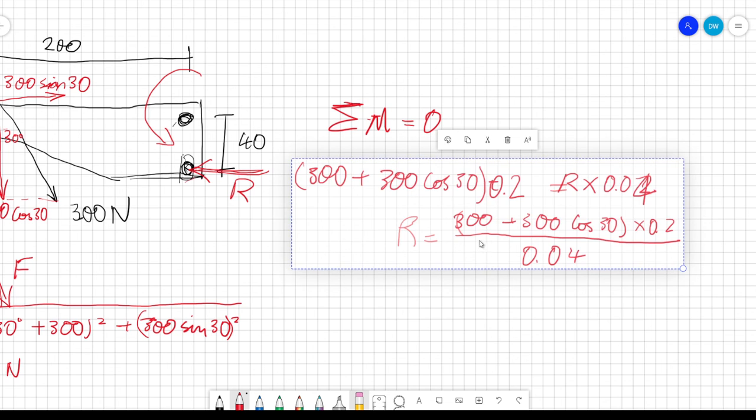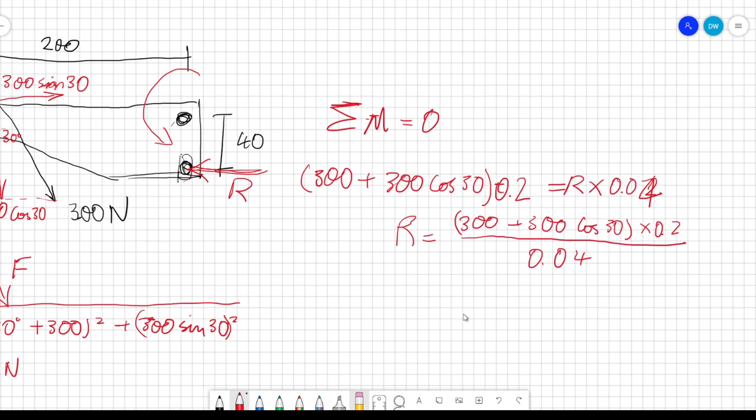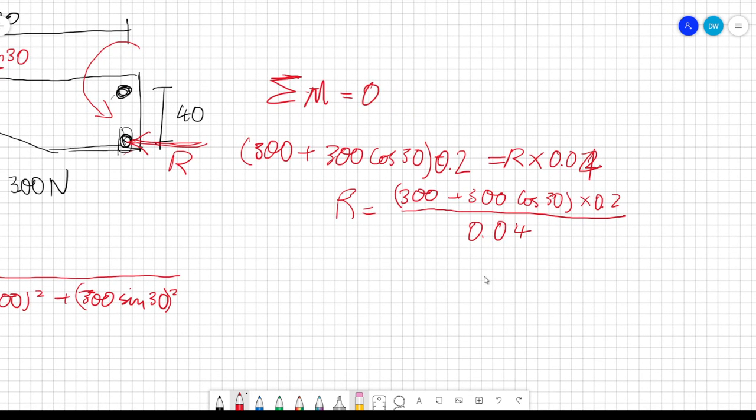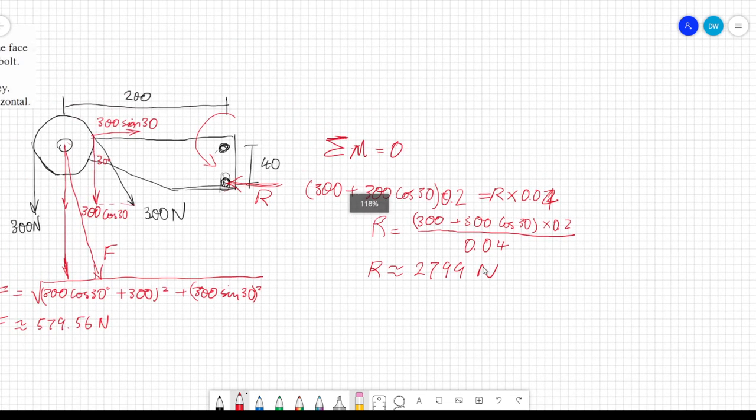If you punch all of this into the calculator, R should be approximately 2,799 newtons. And so there is that.